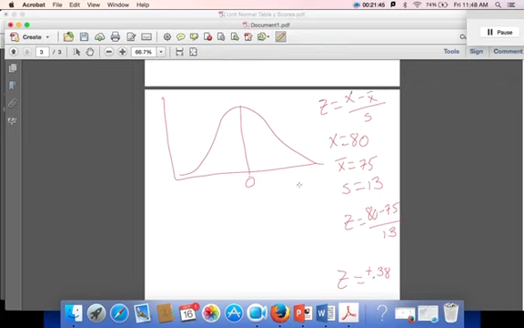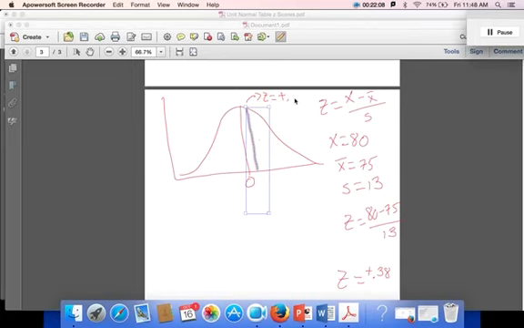Okay, so here on my distribution, I now want to identify where z positive 0.38 is. So I'm going to say it's probably going to be somewhere around here. Okay, so positive 0.38. So that there corresponds to a z equaling positive 0.38.